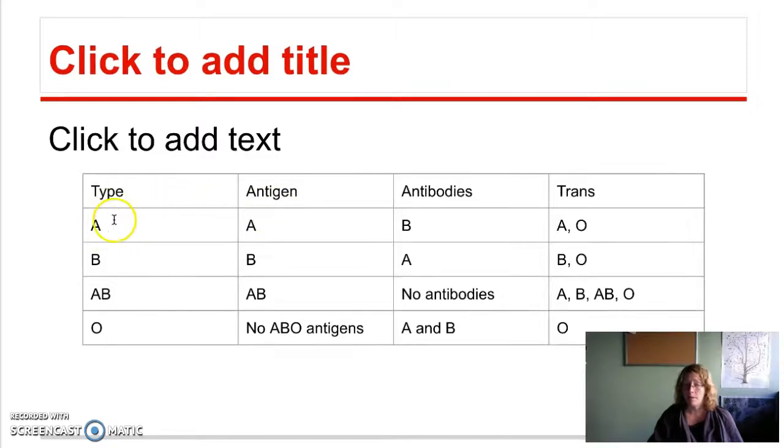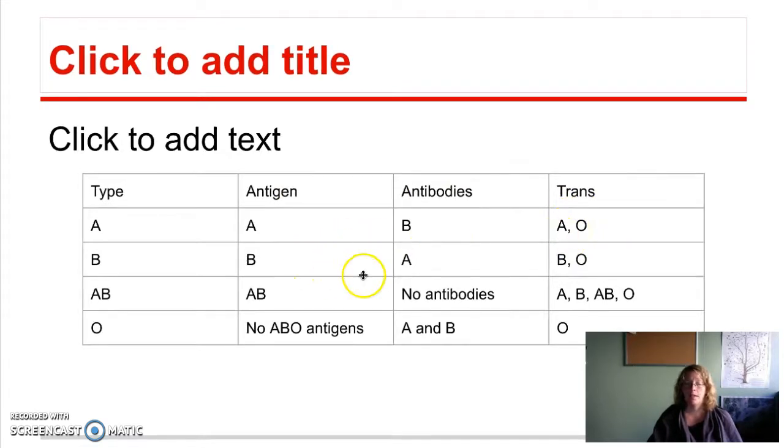A person with type A blood is going to make type B antibodies. That is why we cannot give somebody a transfusion of type B blood if they have type A blood, because their bodies make antibodies for type B blood. So if you have type A blood, you can get a transfusion with type A or type O.